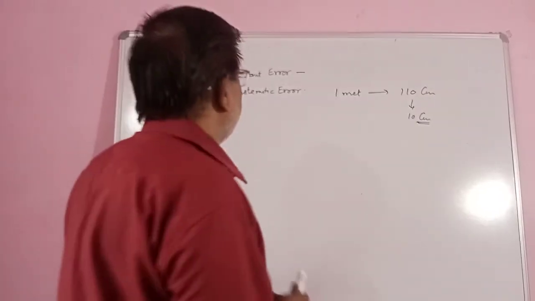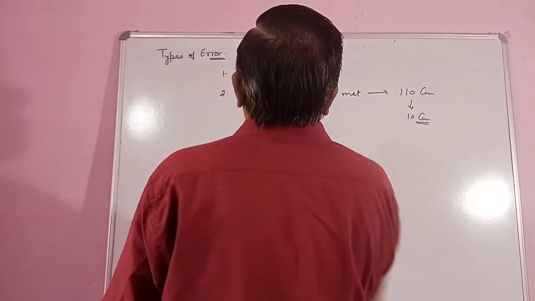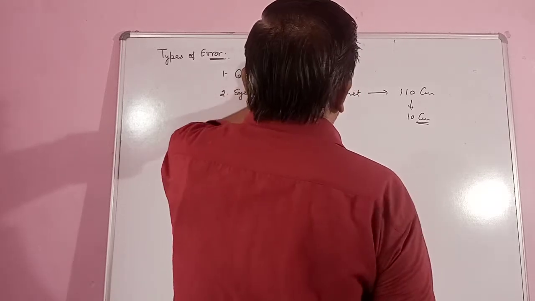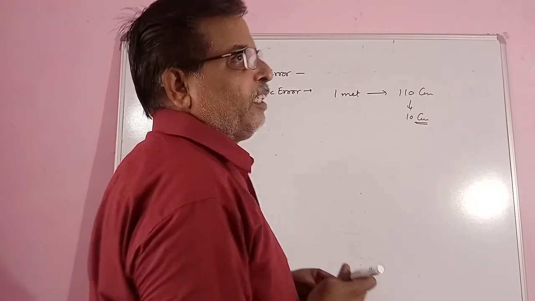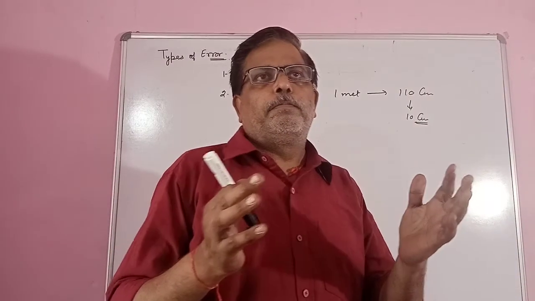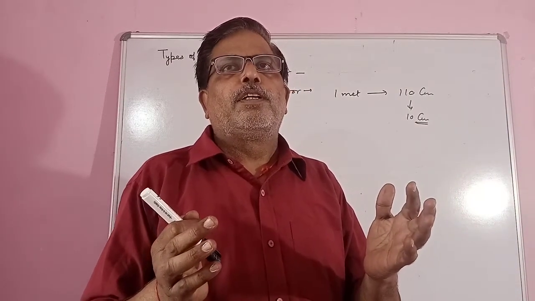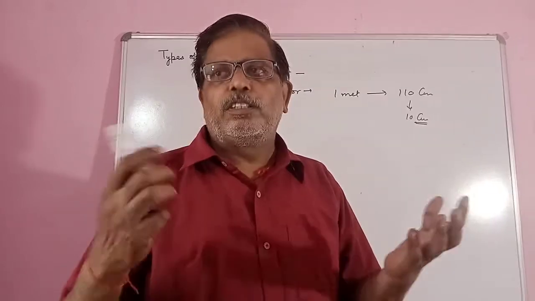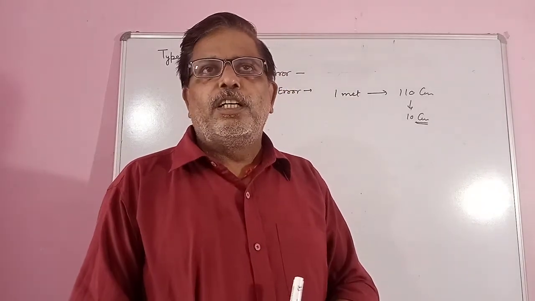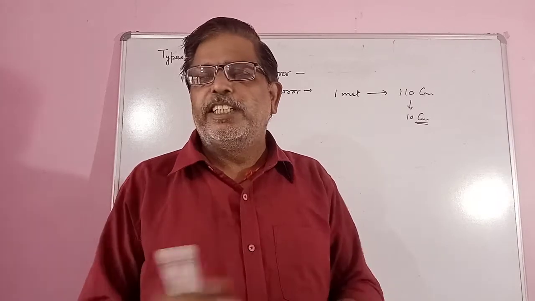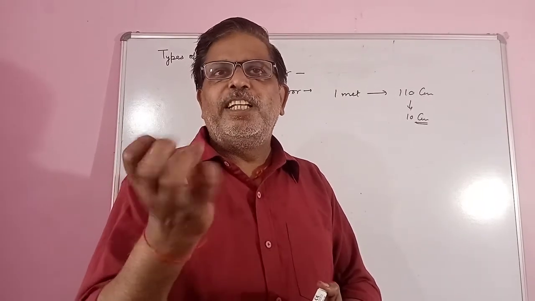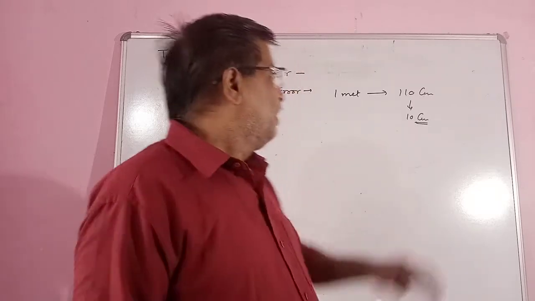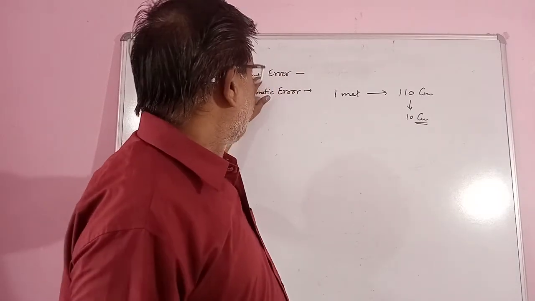It means, suppose we are measuring some length or some quantity by a weighing machine or by a scale, and every time we are leaving something, means this is a type of systematic error.